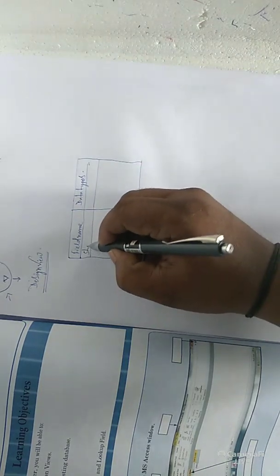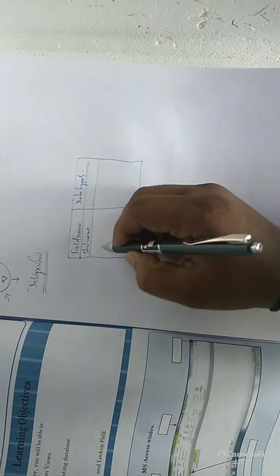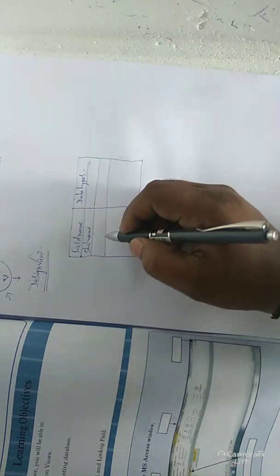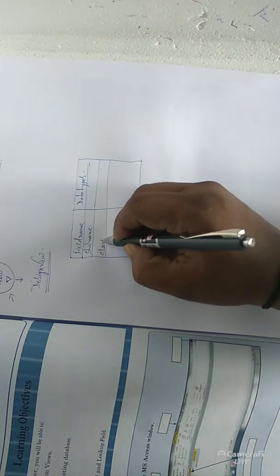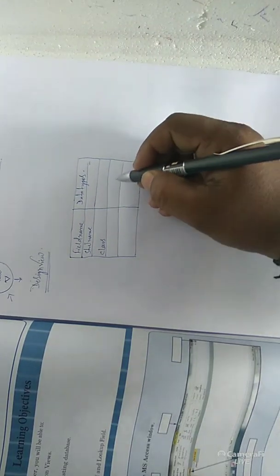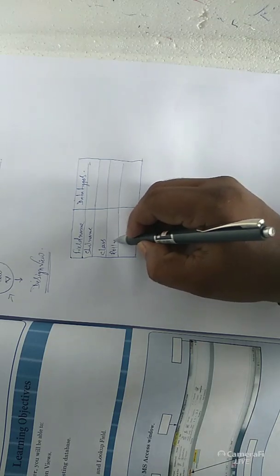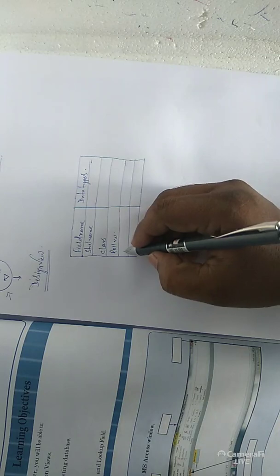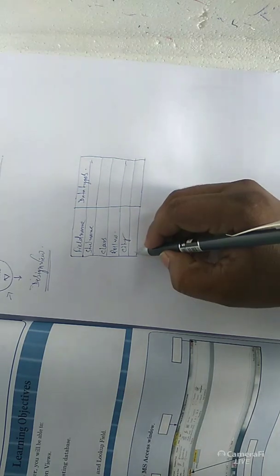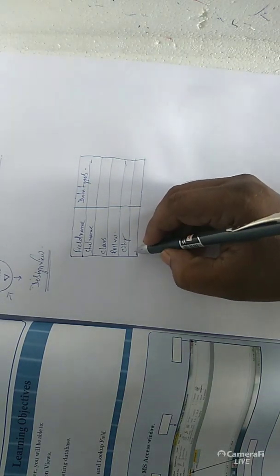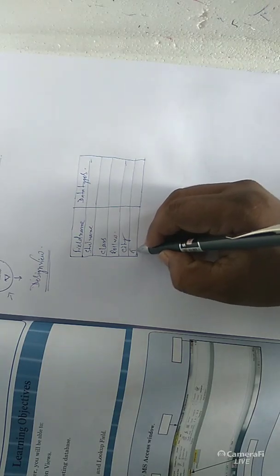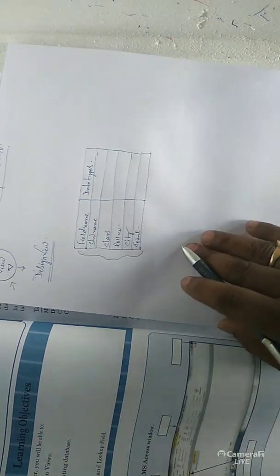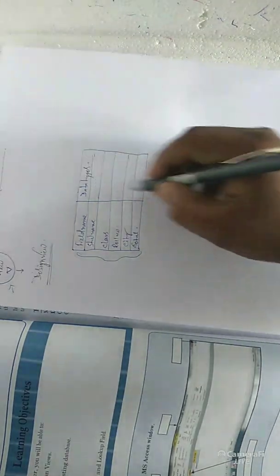Here is, suppose, student name, and here, suppose, class. Here, suppose, roll number, and here suppose the city, and after this, suppose, here total. So these are all called fields. And here the data types.